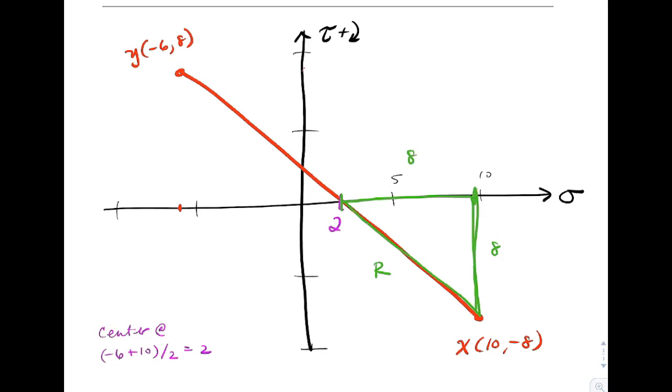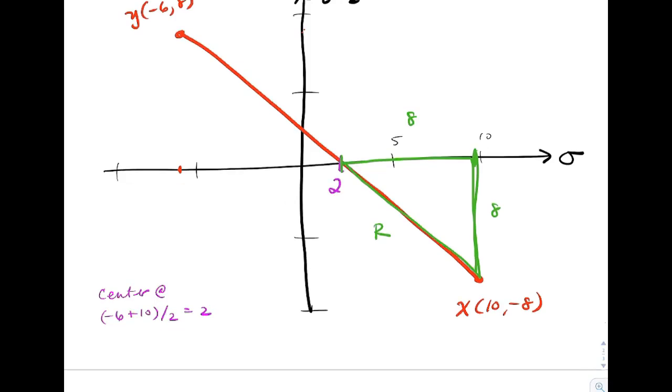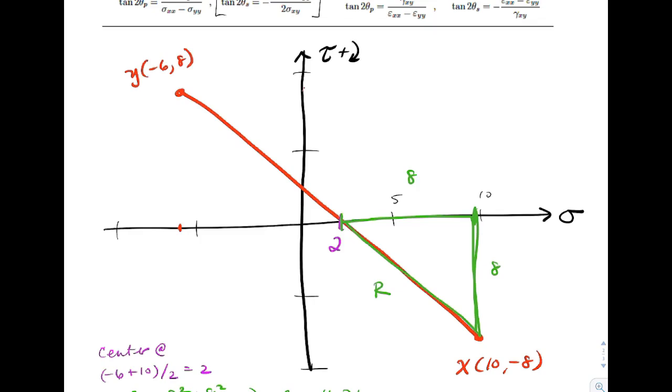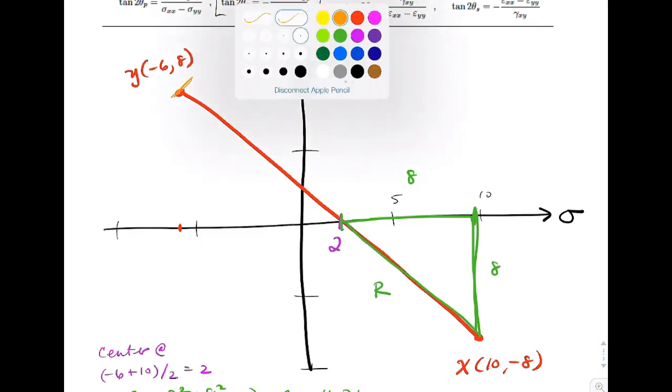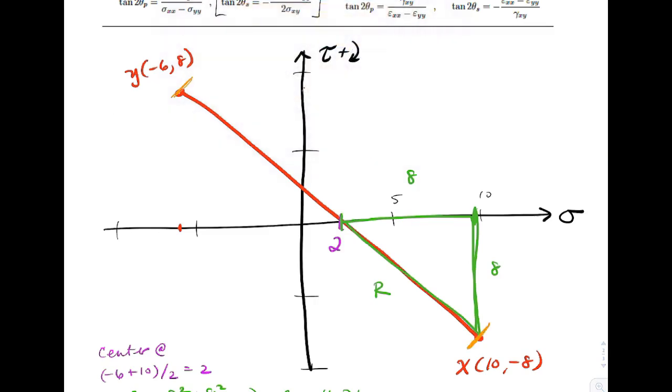It's off just a little bit, giving me a length of 8. So that would mean that R squared is equal to 8 squared plus 8 squared, giving us R equals 11.31. So we're going to draw the entire Mohr circle here, see if we can do it nicely. And so we get a picture, something that looks like that.